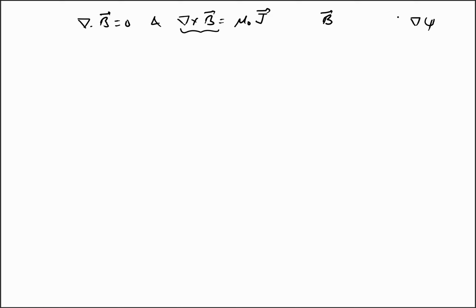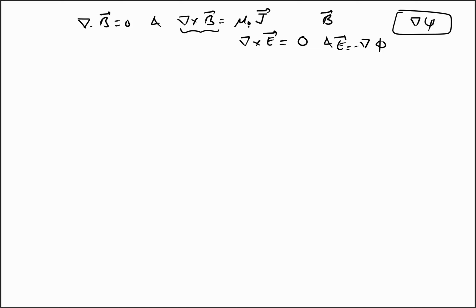In electrostatics, we have seen that the electrostatic electric field was curl free and we could find a potential phi whose gradient was equal to the electrostatic electric field.